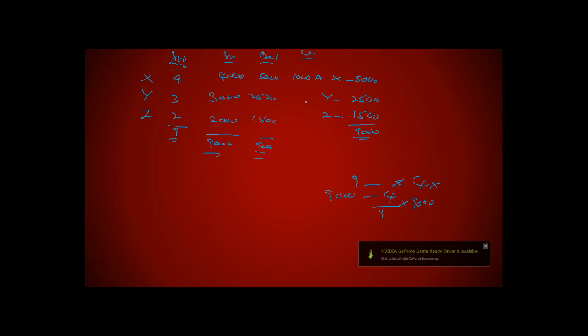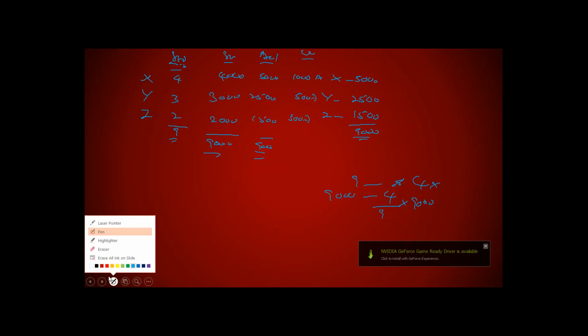How much? 500 favorable. And Z is 500 favorable. So again, you can see if you add the variances, it will come to 0.